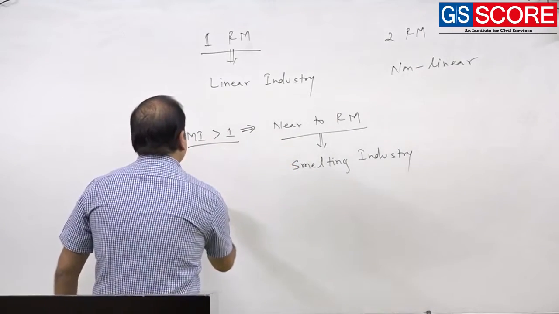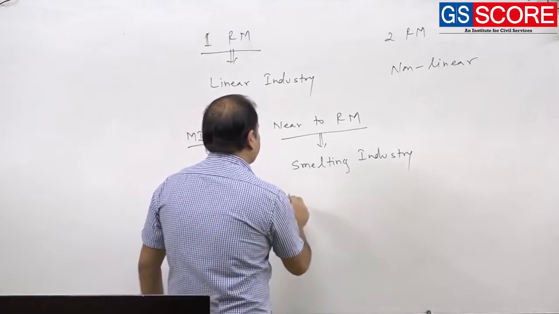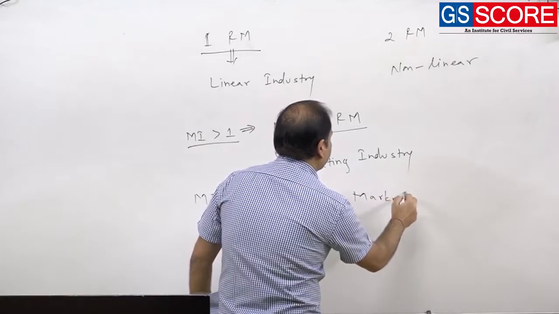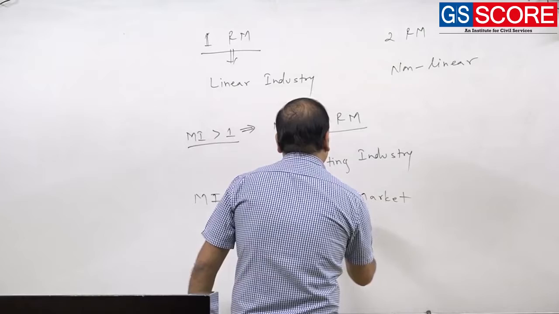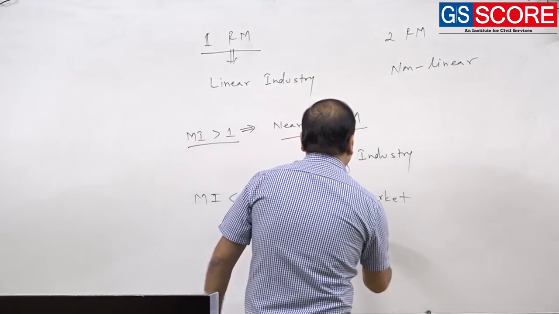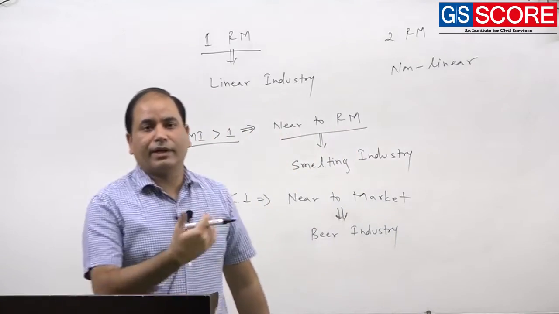The second aspect is when Mi is less than 1, so the industry will be located near to the market, and the best example can be the brewing industry, beer industry.